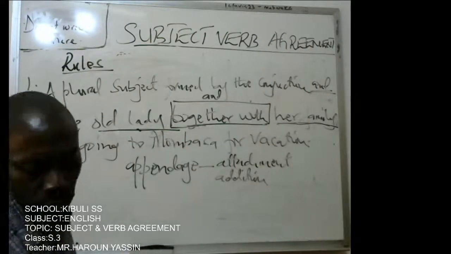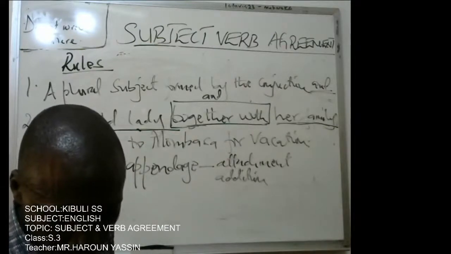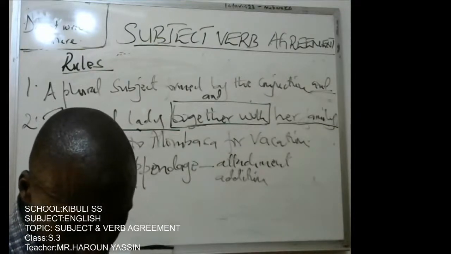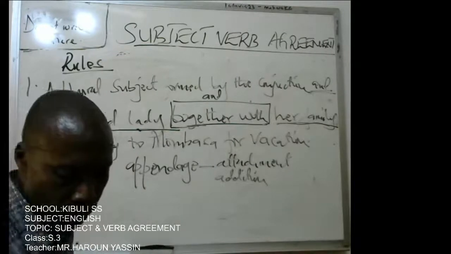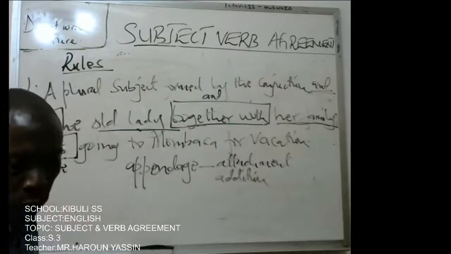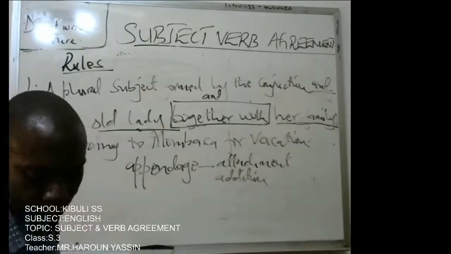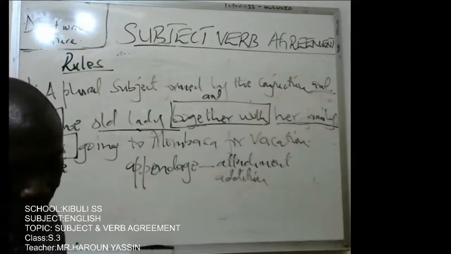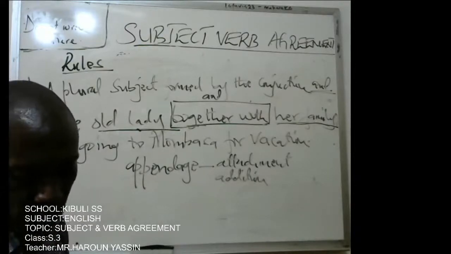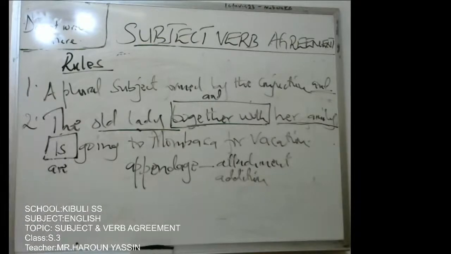I gave more sentences. For instance, I gave sentences like Onyango with his dog is going hunting. Okay, Onyango with his dog is going hunting. I gave another sentence, the old witch together with her pet. Let me maybe write this one.